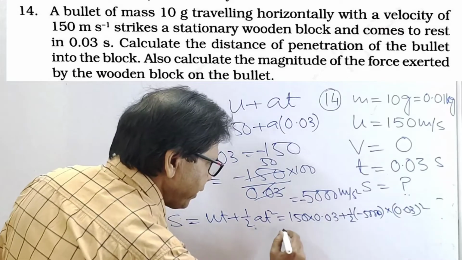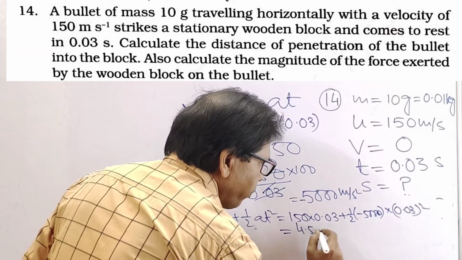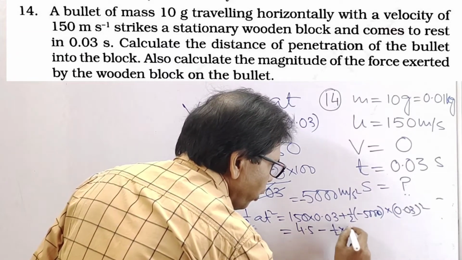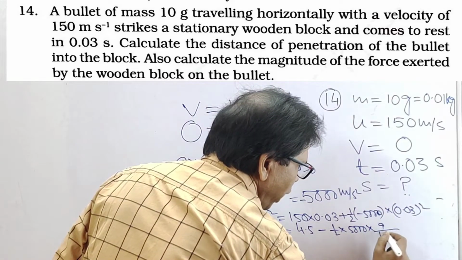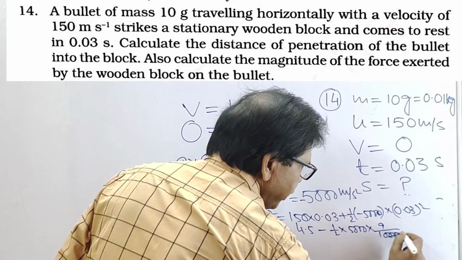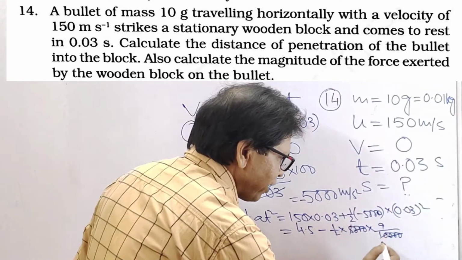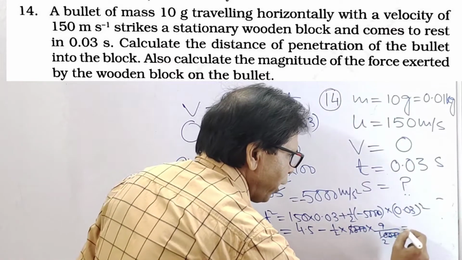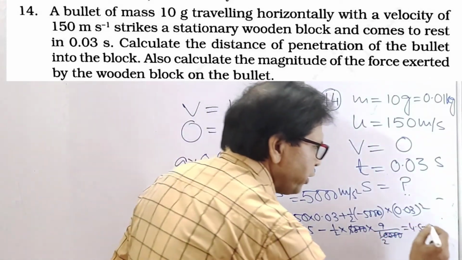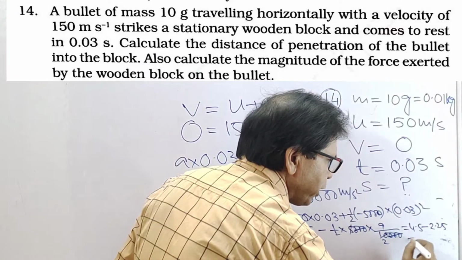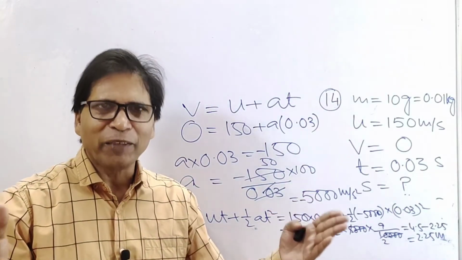Okay, so look at this, here this is 4.5 minus half into 5000 into 9 divided by 10000. This and this cancel out. Okay, now this and this is 2. So look at this, 4.5 minus 2.25. So 2.25 is the distance covered by the bullet in the wooden block.